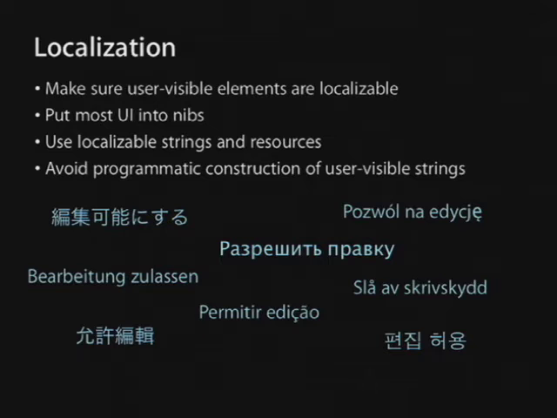For example, these strings here all mean, I believe, allow editing. But if you were to try to construct these from parts like allow and editing, maybe you wanted to construct allow editing and deny editing, there is no way that you are going to be able to tell in advance which of these pieces of the string mean allow and which mean editing. So you should just use the whole string and let your localizers handle that for you.